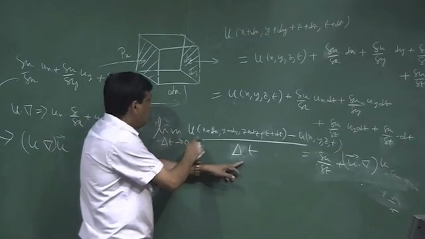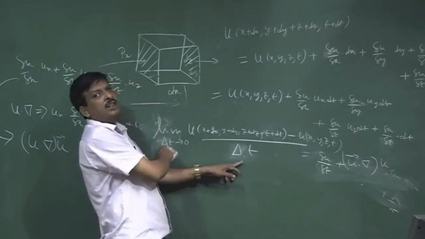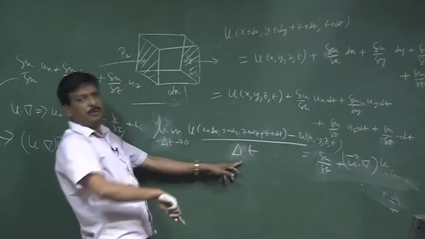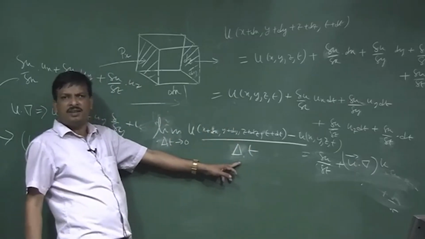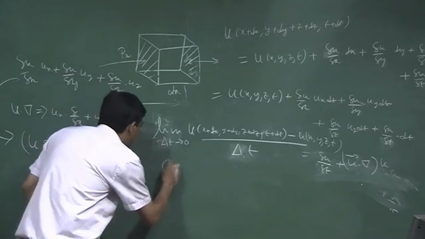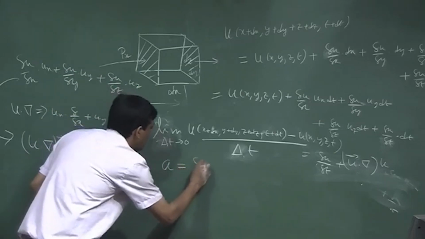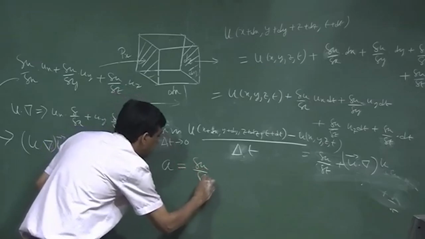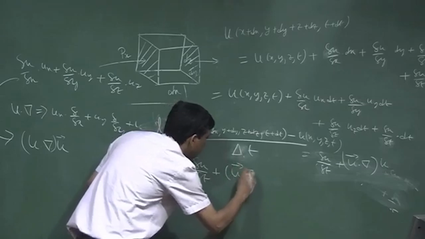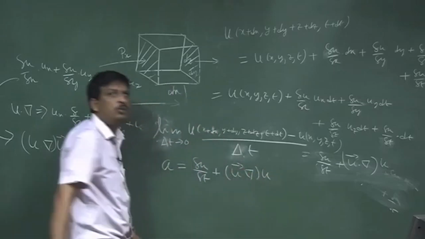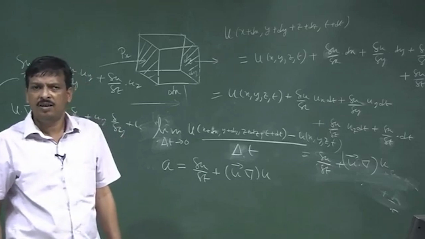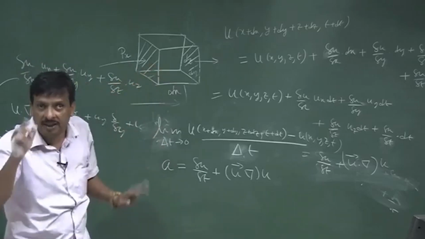So in the limit as t tends to 0, the difference of velocity divided by the time is nothing but the acceleration. Rate of change of velocity is the acceleration. So I can say acceleration A is equal to del u by del t plus u divergence u. That is the acceleration of the particle.